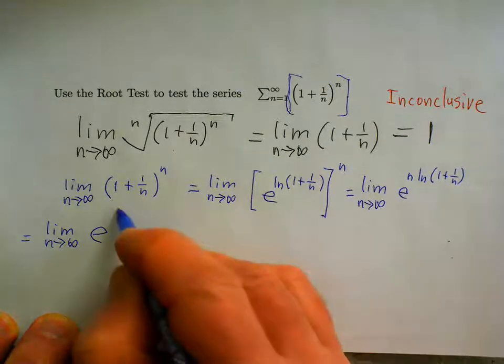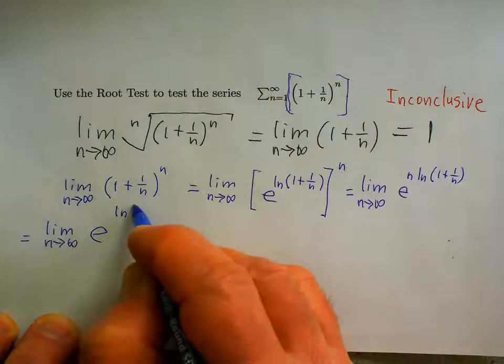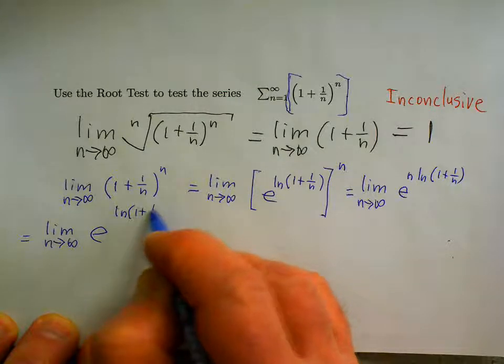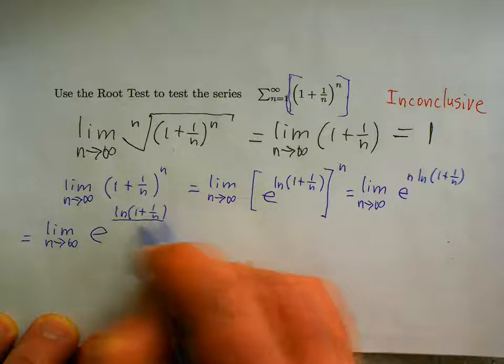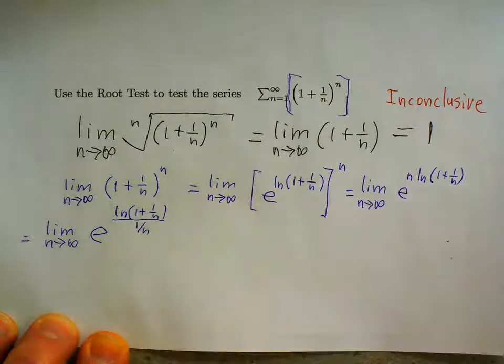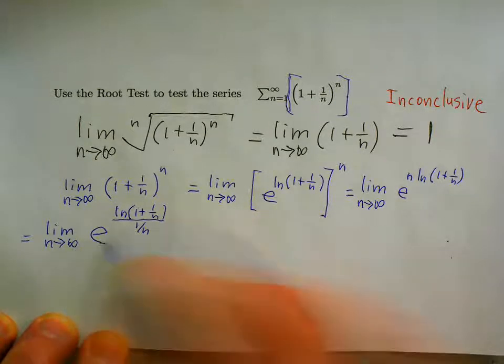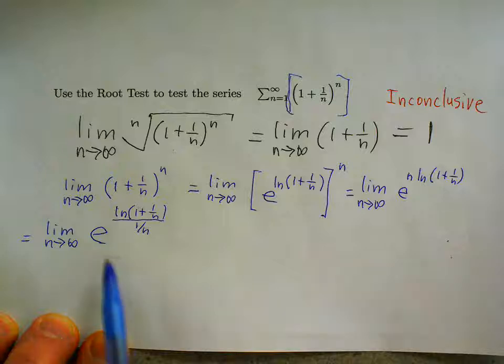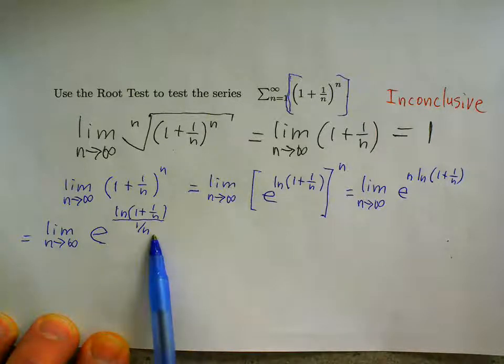That's equal to the natural log of 1 plus 1 over n divided by 1 over n. So rather than writing down e to the limit of this exponent, let's just compute the limit of the exponent.